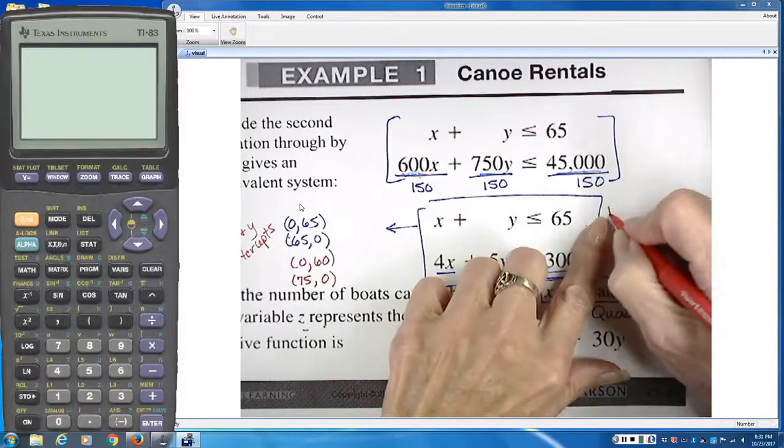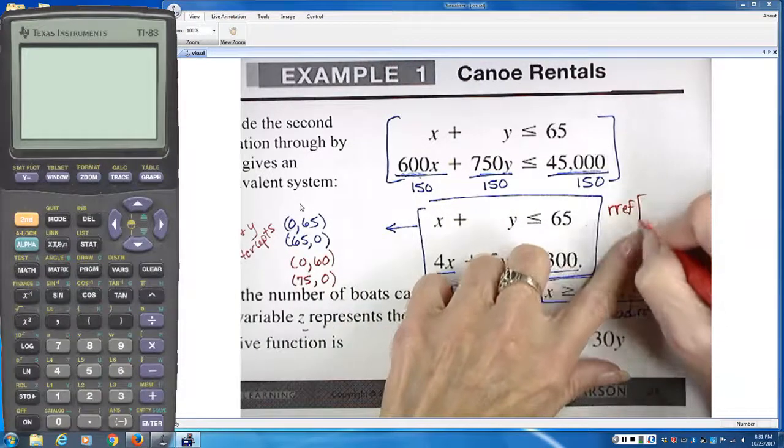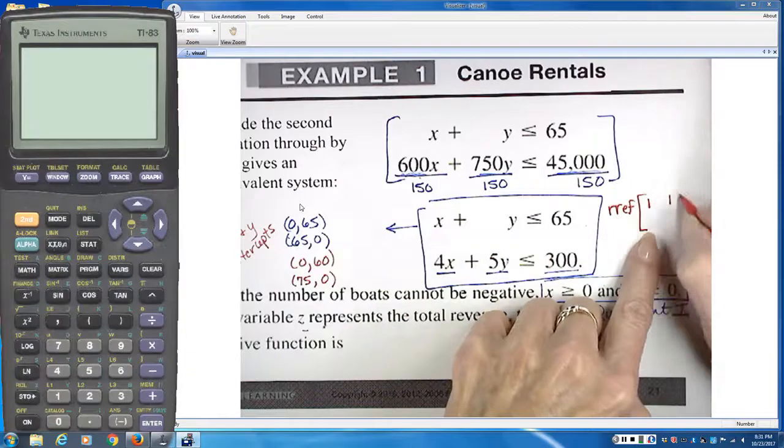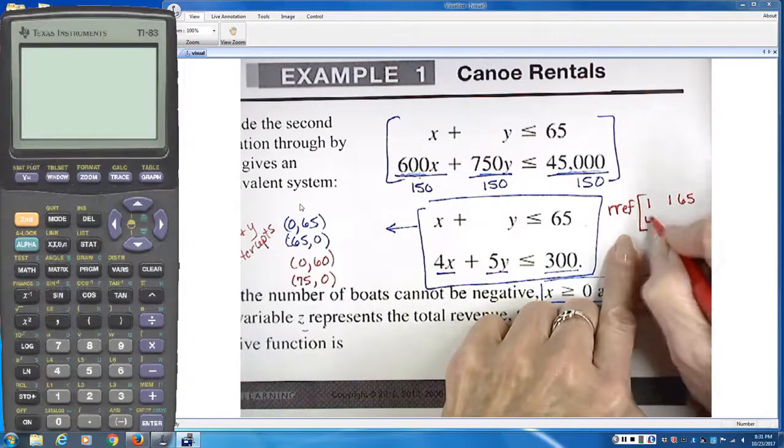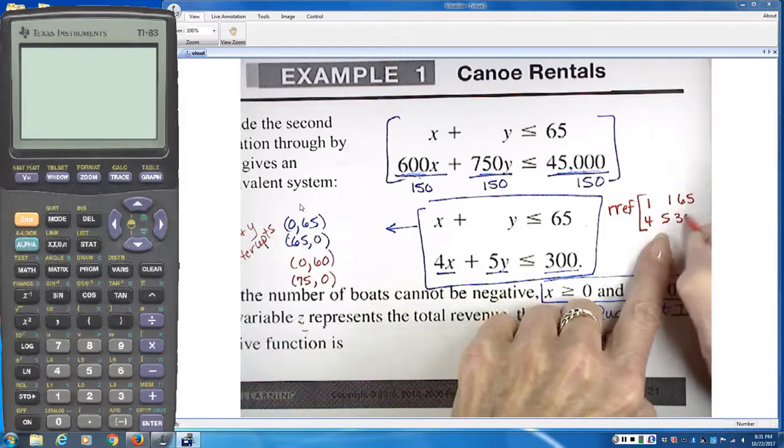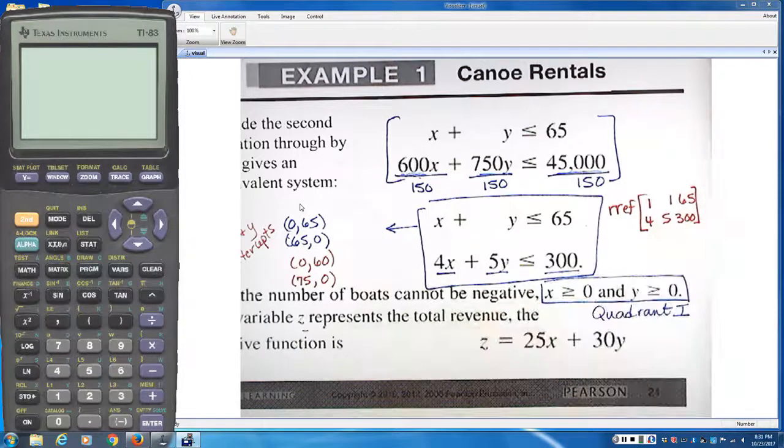So what I want to do is go ahead and do RREF of the matrix 1, 1, 65, 4, 5, 300 to find where those two intersect. So 1, 1, 65, 4, 5, 300.